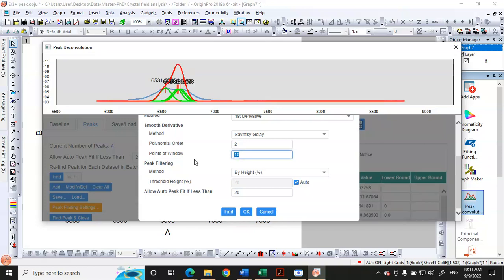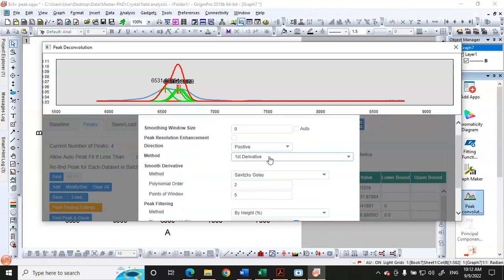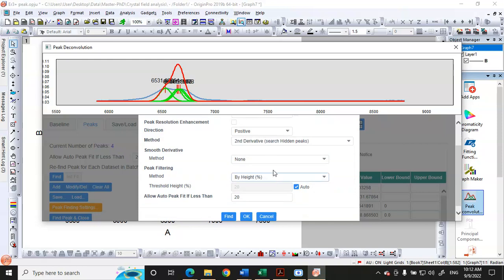Oh, it is just 5. Okay, you can get also 4. Is it 4? Wait. Oh, correct, 4. Okay, if you want to see more peaks, you can go to second derivative.